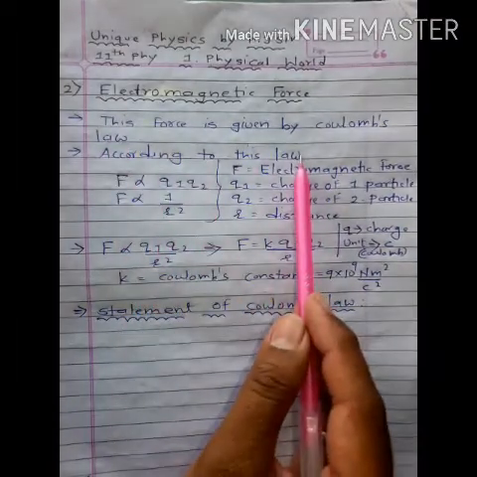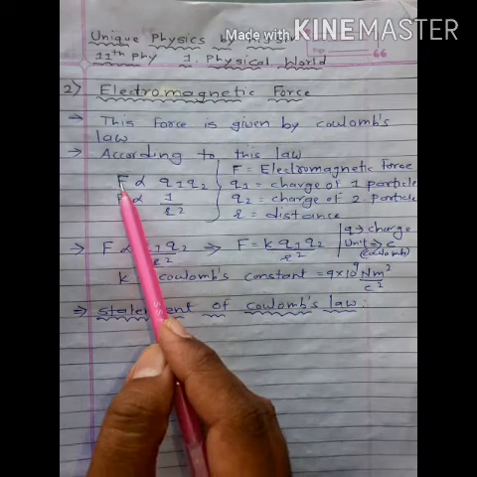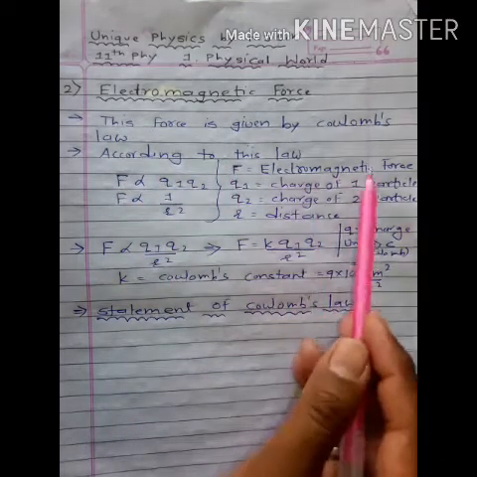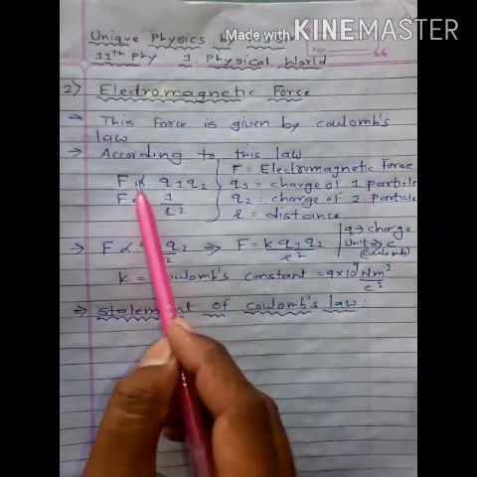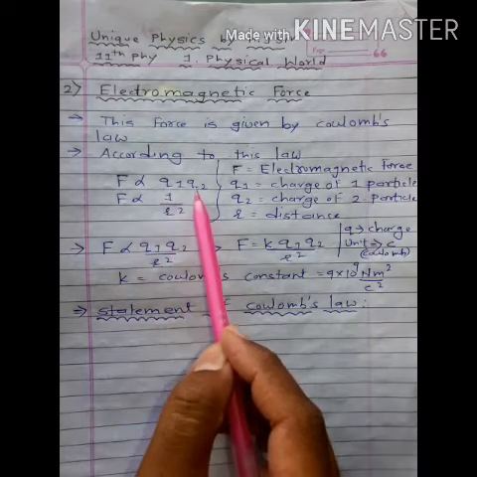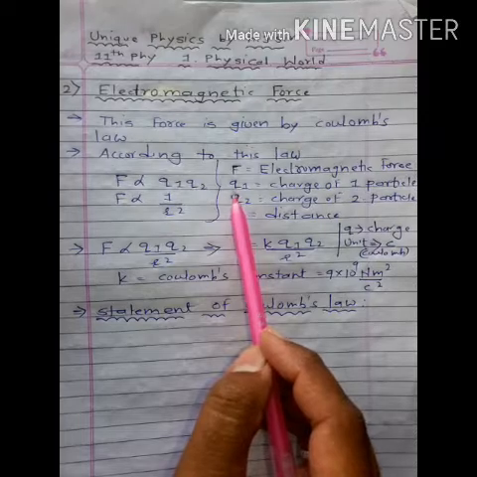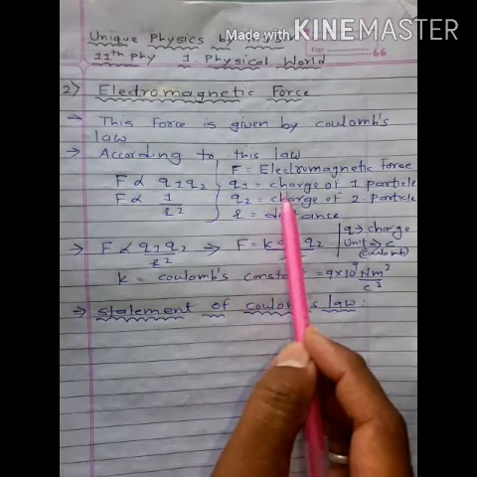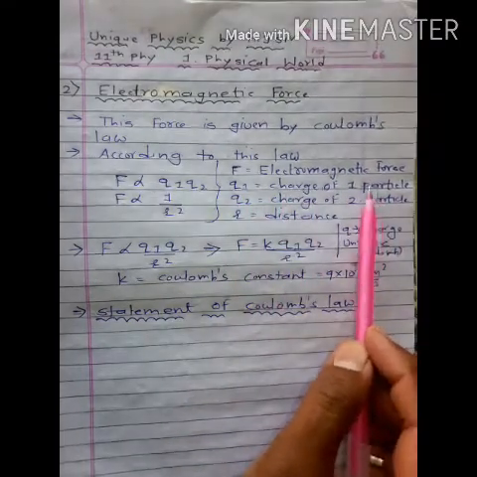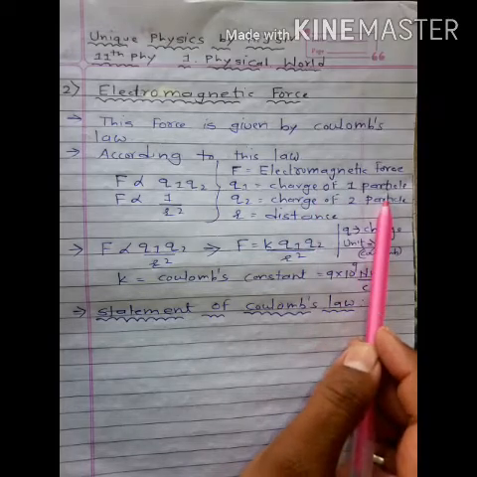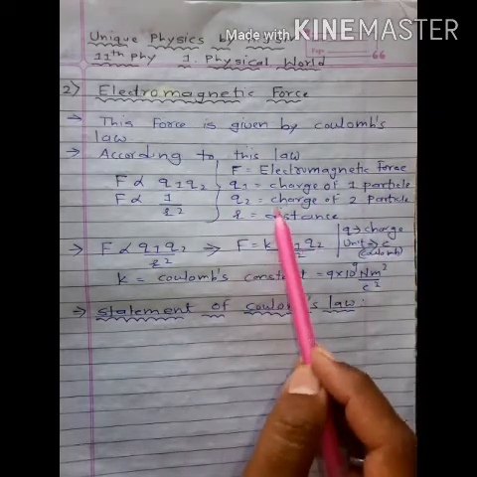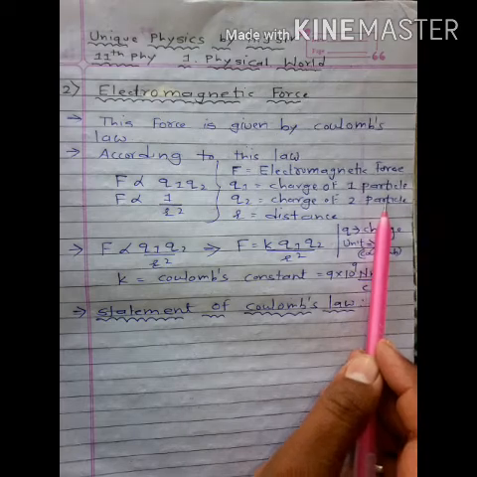According to this law, F, the electromagnetic force, is directly proportional to Q1 and Q2. Now what are Q1 and Q2? Remember this point. Q1 is called the charge of the first particle, the charge on the first object, while Q2 is the charge on the second particle.